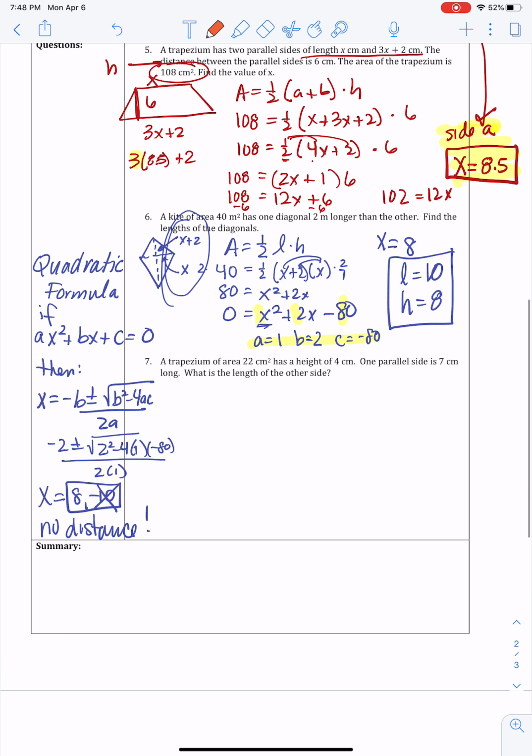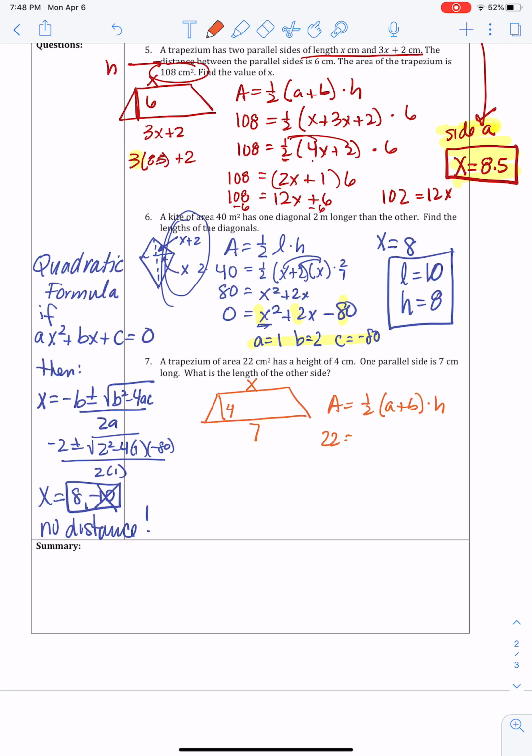The trapezium has an area of 22 square centimeters with a height of 4 centimeters. One parallel side is 7. What is the length of the other side? So we have our trapezoid, and the height is 4. One side is 7, and the other side is, I don't know. So we're going to use area is half of a plus b times the height.